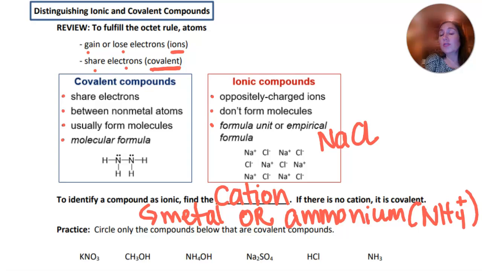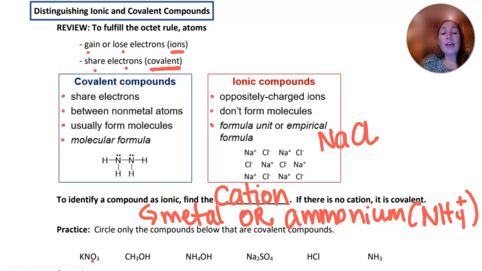So we're looking for: does it start with a metal or NH4+? That's how we'd identify it as ionic. Okay, so practice. Circle only the compounds below that are covalent. These covalent ones don't start with a metal and they don't start with ammonium.